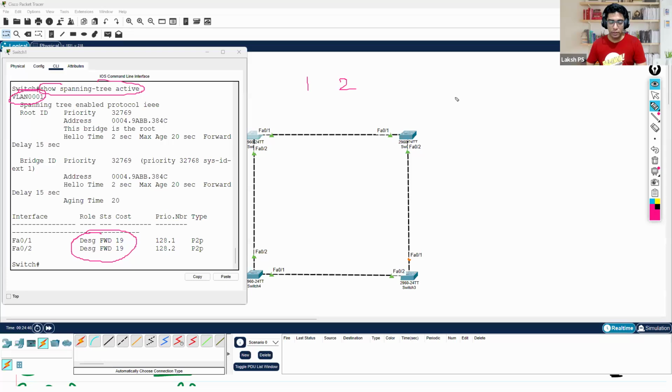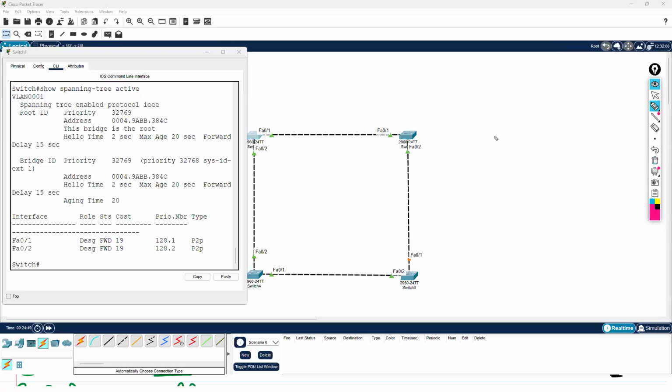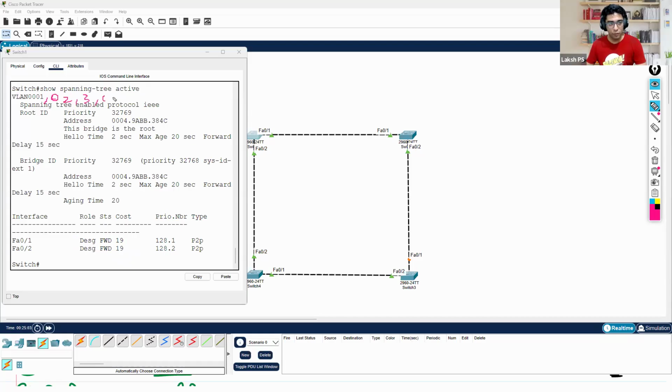Many spanning tree instances for different VLANs can be active, and show spanning tree active will show all of them. It will not show VLAN 1, 2, 3, 4 like this; it will show VLAN number 1 first.